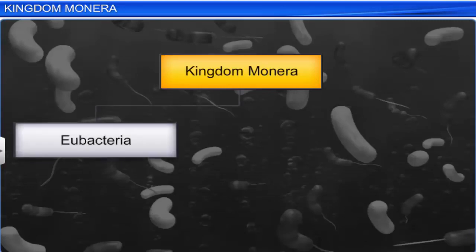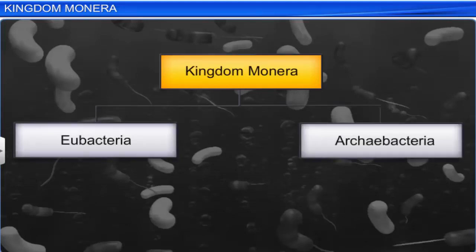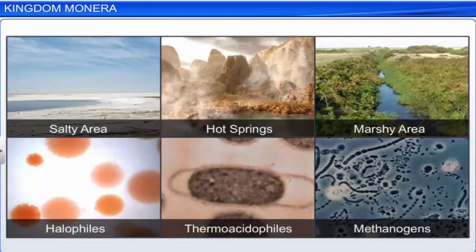Apart from eubacteria, there are special bacteria called archaebacteria that live in extreme conditions. For example, halophiles live in extremely salty areas. Thermoacidophiles live in hot springs, while methanogens live in marshy areas.